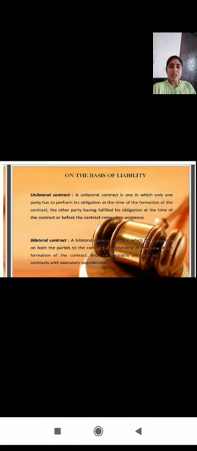And next, on the basis of the liability, there are two types. One is unilateral contract and the second one is bilateral contract. A unilateral contract is one in which only one party has to perform his obligation at the time of formation of the contract, and the other party has fulfilled his obligation at the time of the contract or before the contract comes into existence. For the act done in the past, we will pay some amount in the future.